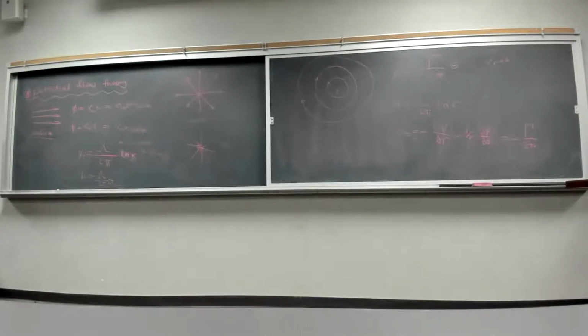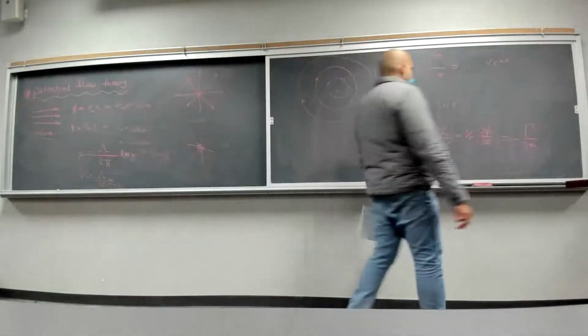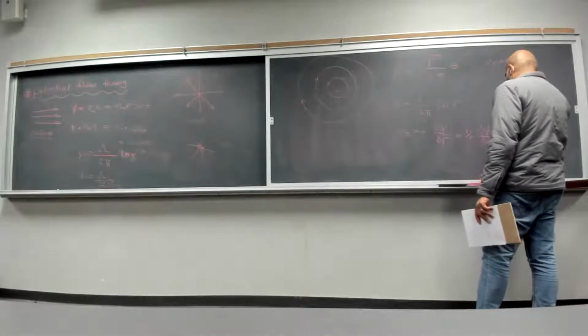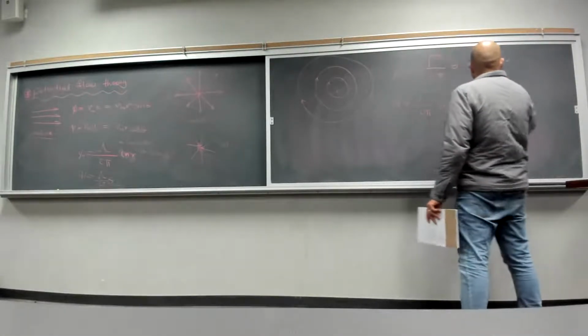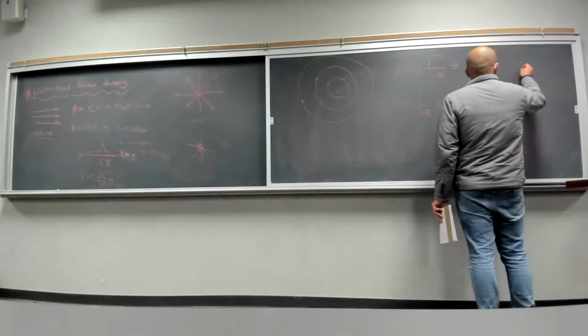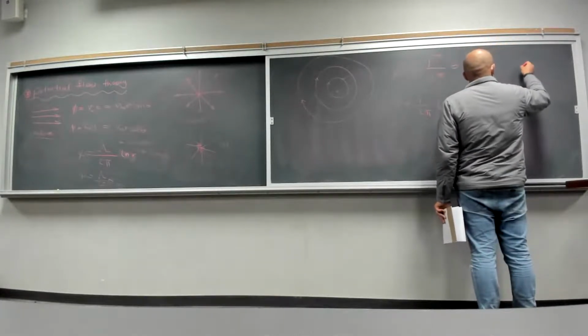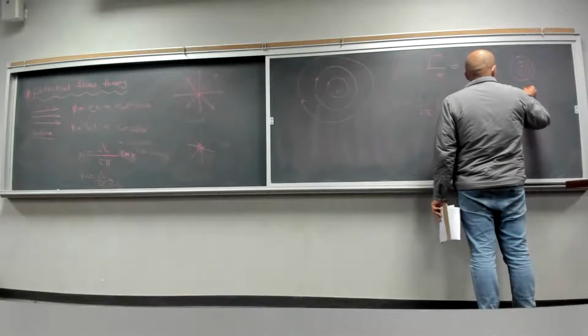There is only one more elementary flow, and that is called the doublet flow. The doublet flow is going to look like essentially a combination of two vortexes.